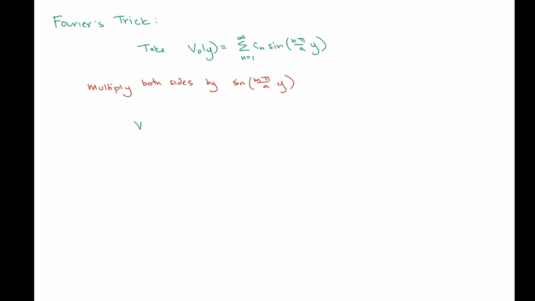That's going to give me this on the left-hand side, and on the right-hand side I'm going to get this, multiplied by one more term here. So math-wise I can do that. Let me tell you why in a second.